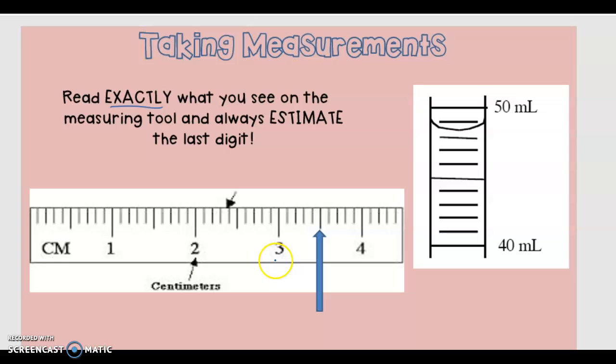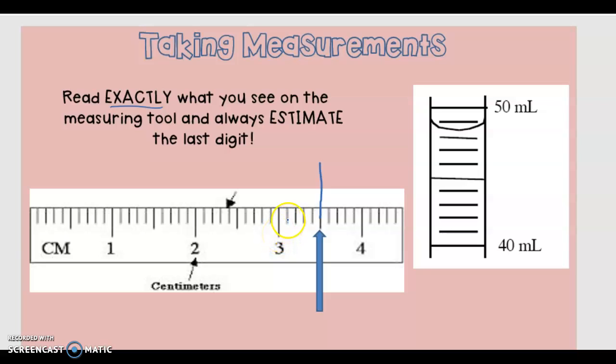If the object I'm measuring falls right here, then I am able to read off of my measuring tool directly 1 centimeter, 2 centimeters, 3 centimeters. So right now, I can measure exactly 3 centimeters.